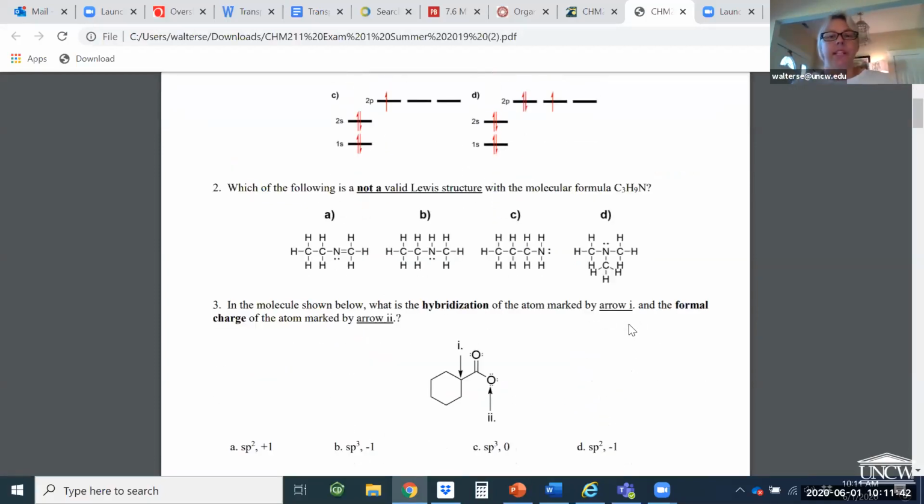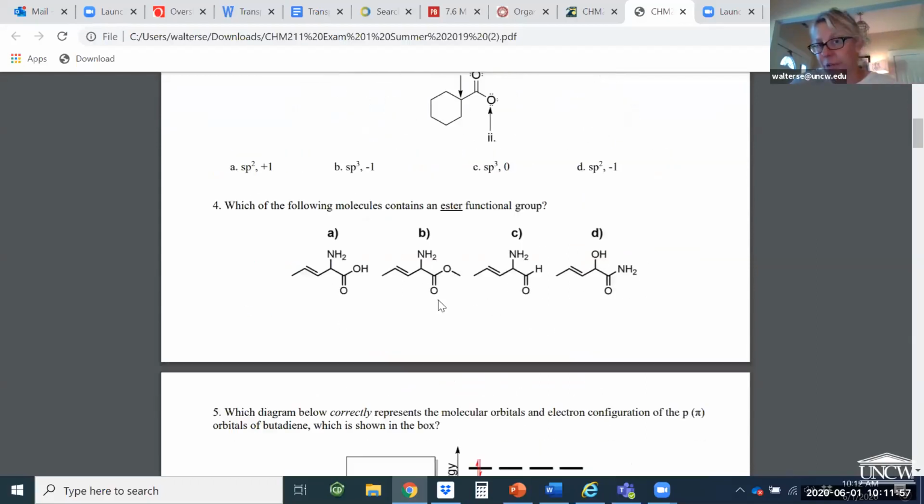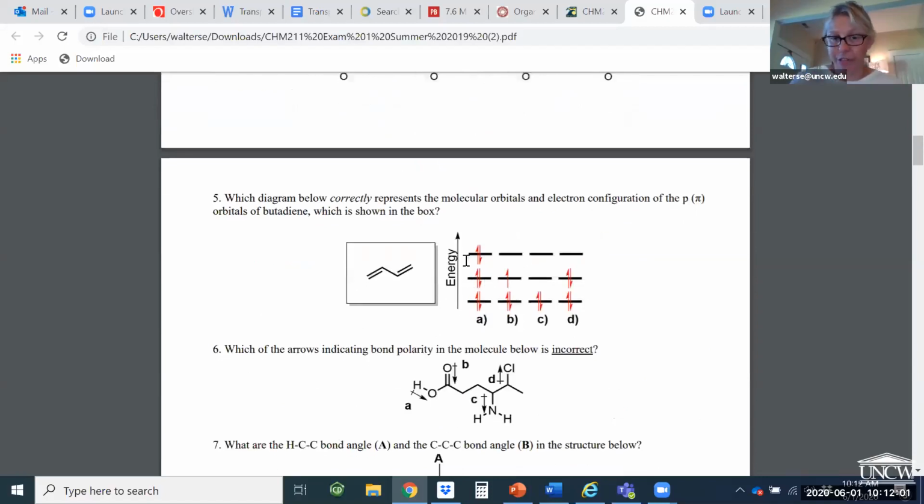Okay. The second question is, do you understand Lewis structures? The actual molecule doesn't matter. It's just, can you judge Lewis structures? The third question is about hybridization. The fourth question is about functional groups. The fifth question is about molecular orbitals.